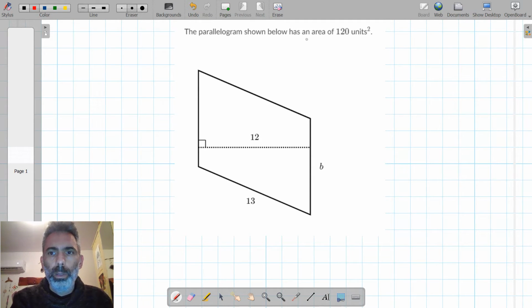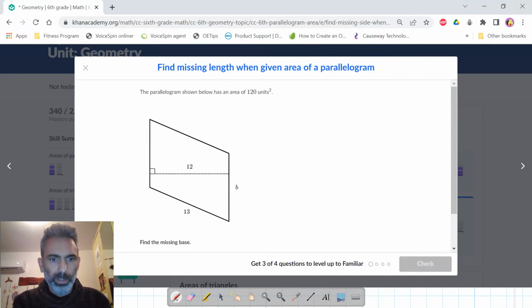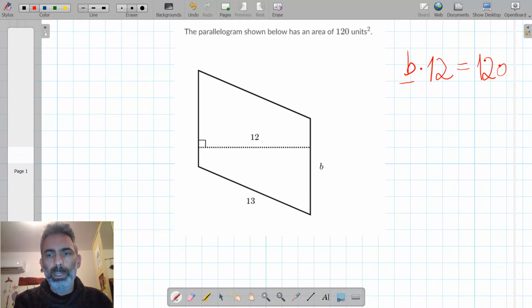So we know that B, which is the base, times 12, which is the height, equals 120 units squared. Okay? So we need to find the missing base, so we need to find what B is.